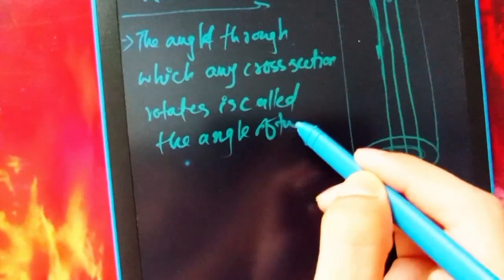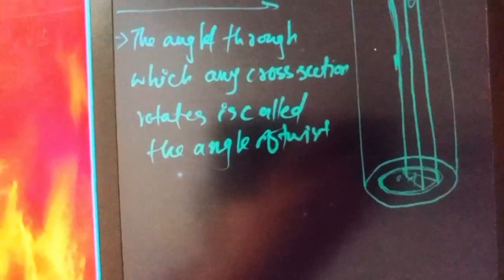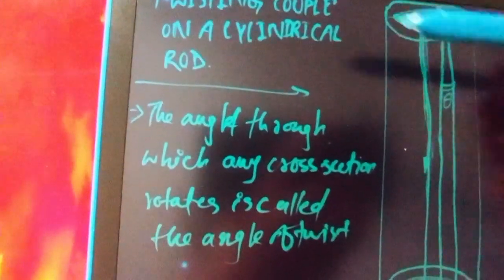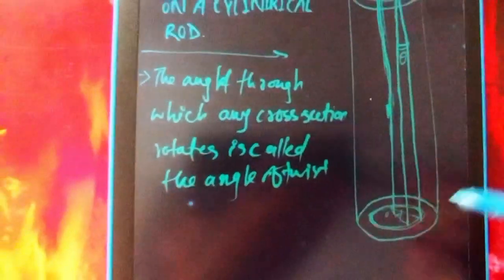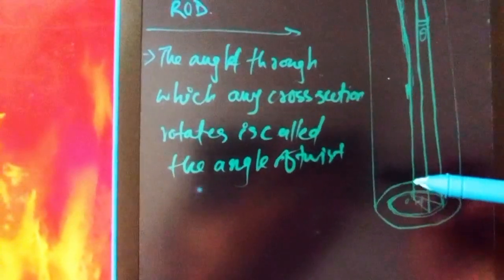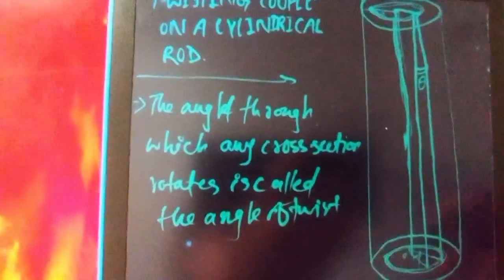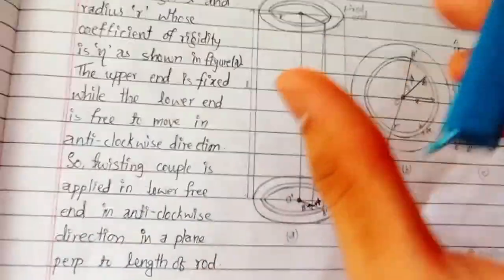Its value is 0 at the upper fixed end and greatest at the free end. When we look at this, this is the upper fixed end, so the angle of twist, which we denote here by phi, will be 0 at this end, while it will be higher at this end.